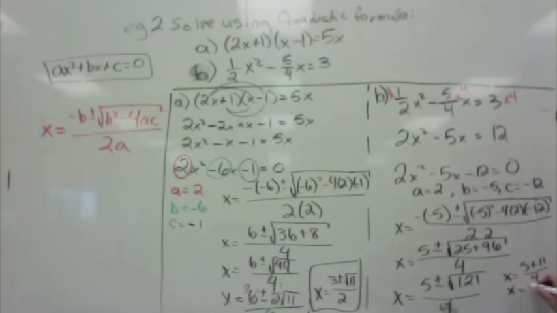So we can just say that x equals 4, or x equals 5 minus 11 over 4. That is -6 over 4, which is just -3 over 2.